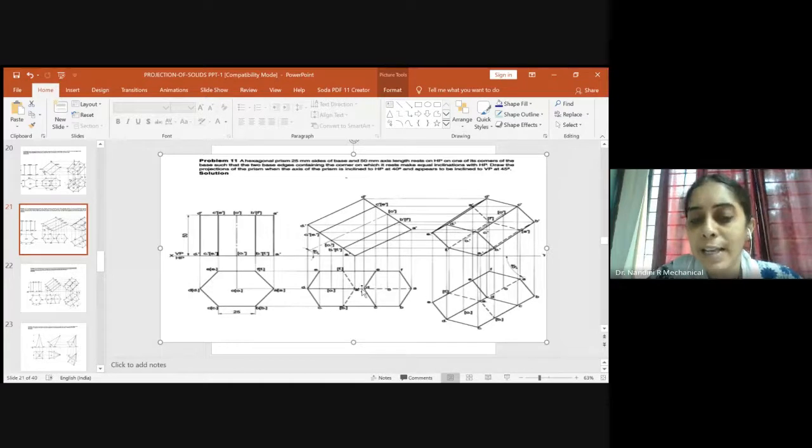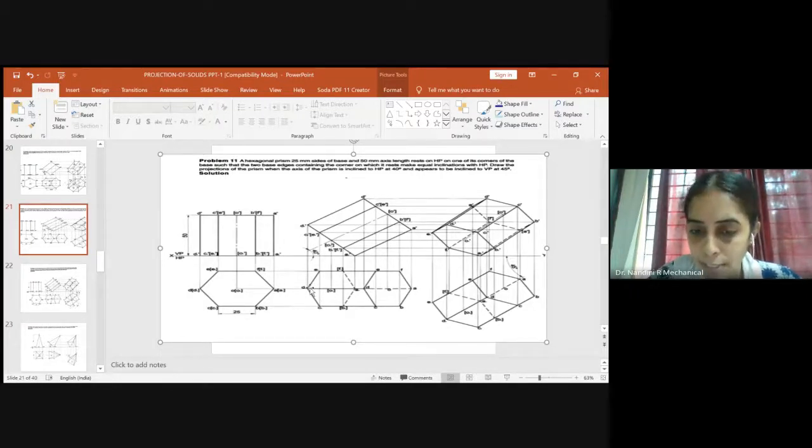If you have any projection coming through a corner of the top surface, that will be a continuous and visible line. This is the only corner which is left out, coming through the top surface. So the projection from the corner of the top surface will be a continuous and visible line, so you will join D and D1 with a continuous line.